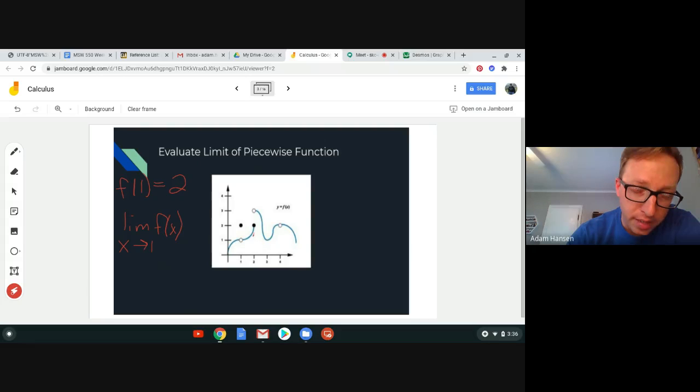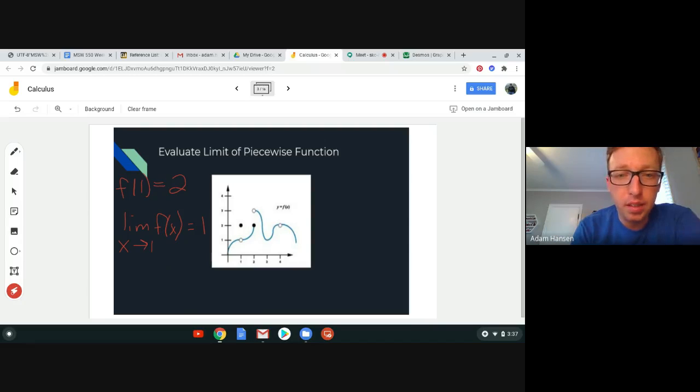Now the function, as I get values that are greater than 1 from the right, as I get closer and closer to 1, the function approaches the same value of 1 on the y-axis. So this indicates that the limit as x approaches 1 of f of x is equal to 1. Notice that what the function is defined to be equal to and what the limit is equal to for x equals 1 can be different things. That's not a problem.